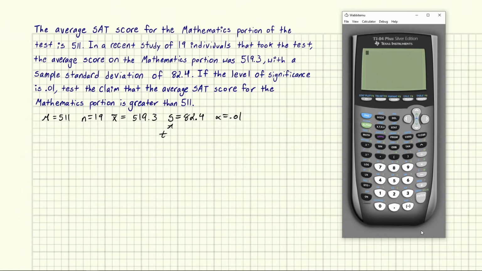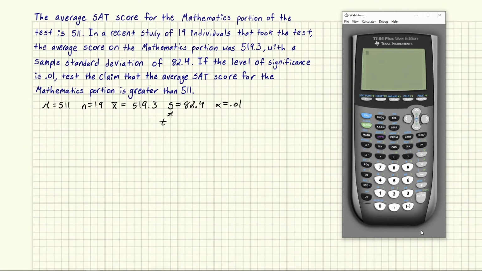Test the claim for the SAT greater than. Okay, so now we've got our claim, so let's figure out our null and our alternative. We've got a null hypothesis. That one's always got the equals to, so that's mu is 511. That's just what they say at the very beginning. The null hypothesis is that the population mean is some number, in this case 511.